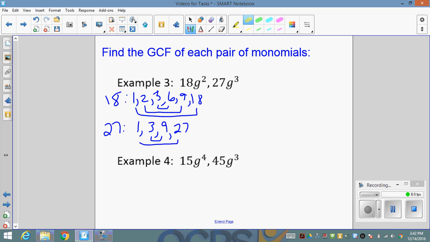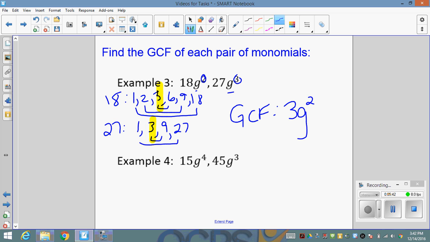Now my biggest common one here is 3. So the first part of my GCF is 3. Now, the g's are common, so I'm going to have a g, an exponent of 2, an exponent of 3. I'm going to do the smallest, so 3g squared.